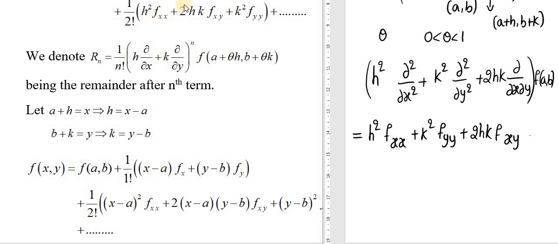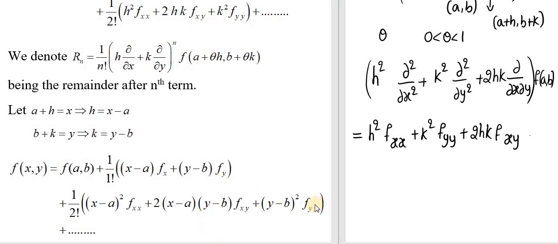fxx as it is, 2 into h value is x minus a, k value is y minus b. Observe here, fxy as it is, plus k square. k square is y minus b whole square, next into fyy.